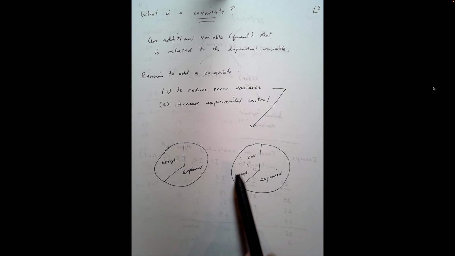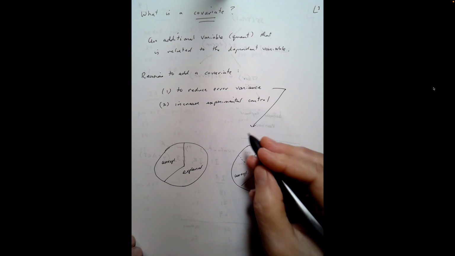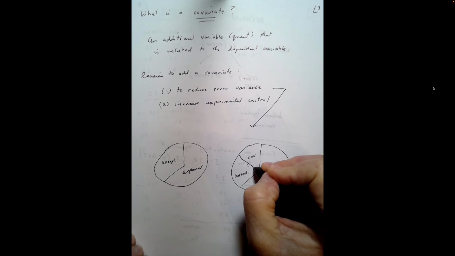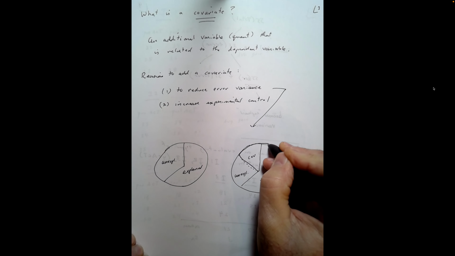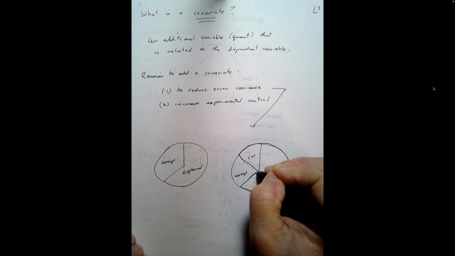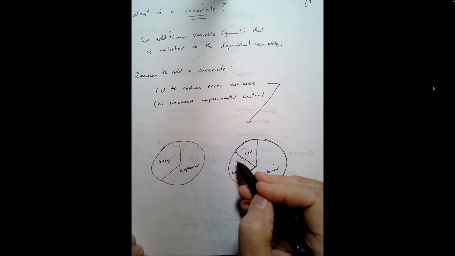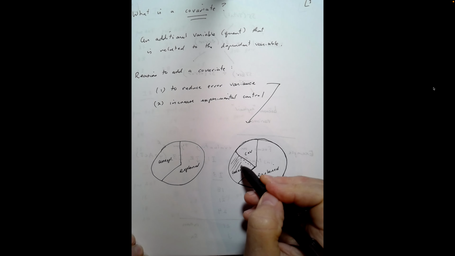So when we add the covariate to the model, then we can think of this part becoming explained variance. So the only part that is unexplained would be this small piece of the pie that remains. So again, primary reason to add a covariate, reduce the error variance.